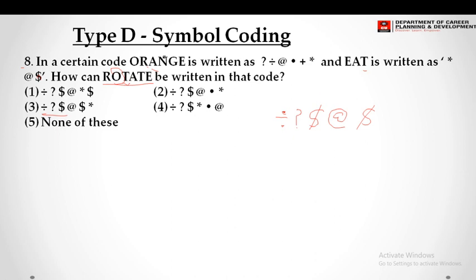Then the last one is E. E is the last symbol, which means star. So this code is written as division, question mark, dollar, at the rate, star, and dollar. So the answer will be option third.